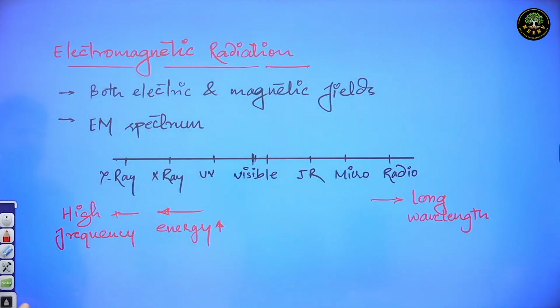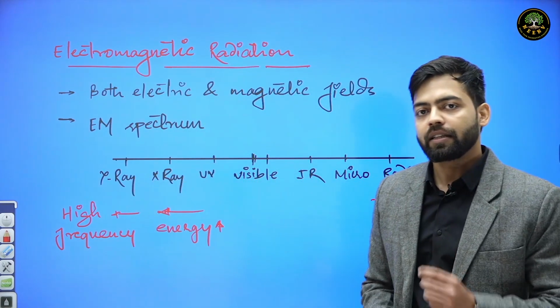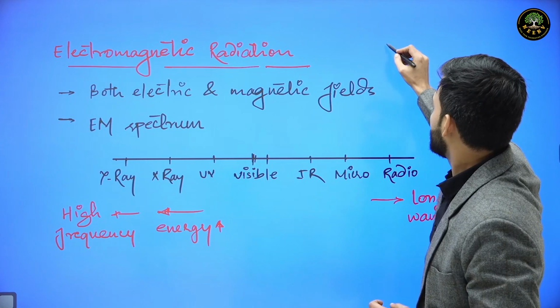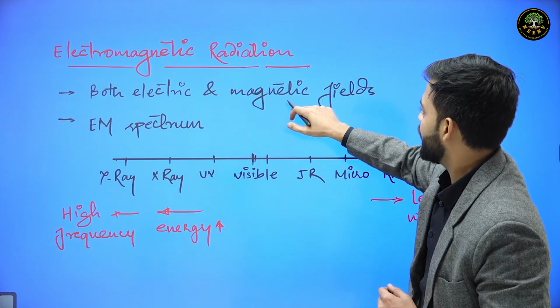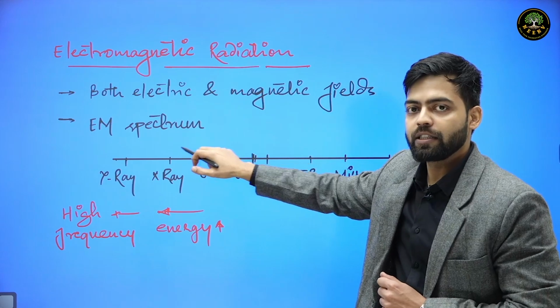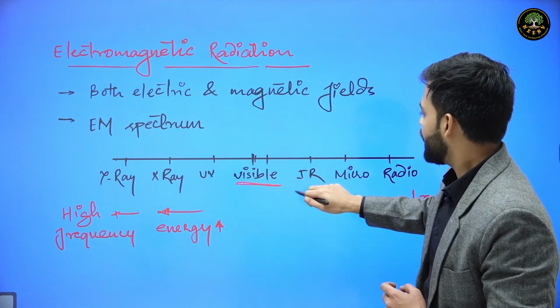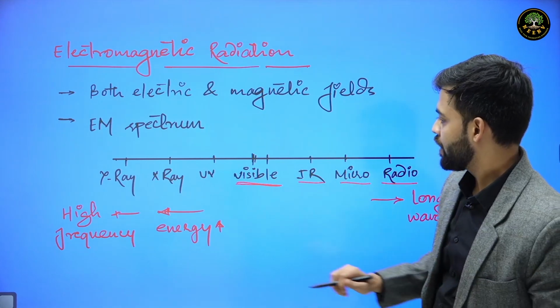First, electromagnetic radiation. Electromagnetic radiation is nothing but electric and magnetic fields generated because of the matter in the Earth. Because of this electric and magnetic field, the electromagnetic spectrum can be seen. In this spectrum, different kinds of rays and waves are there.